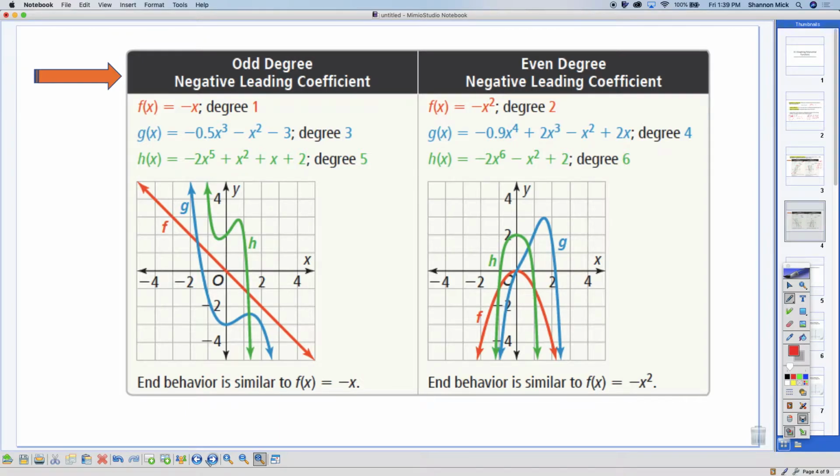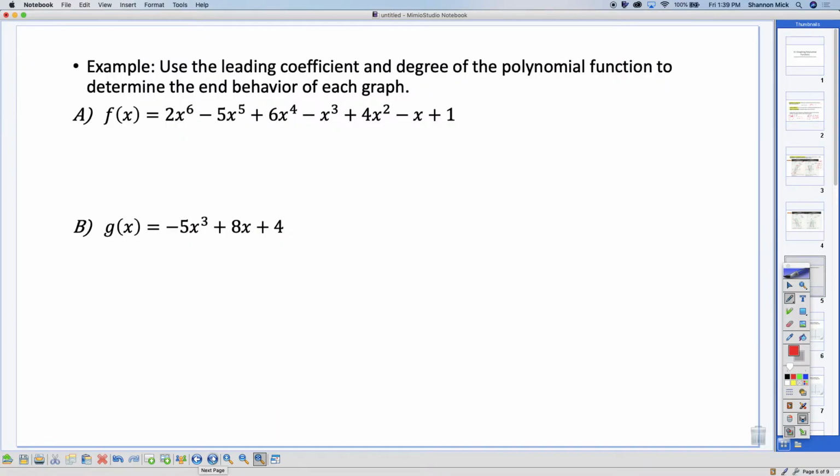Okay, so I have 2 examples here, and are they in standard form? Yes, I think they both are. Okay. I want the leading coefficient, the degree, the number of terms, I want an odd, even, positive, negative, and what its end behavior is. Can you write that down on the board?